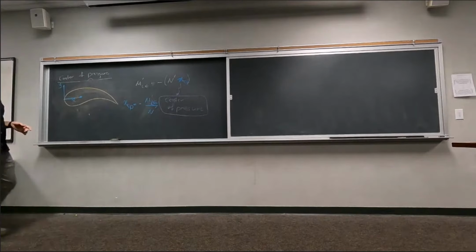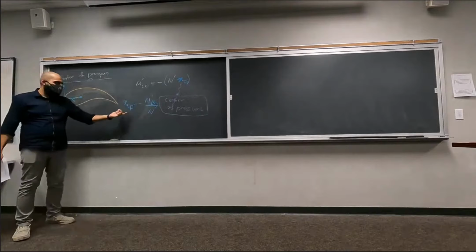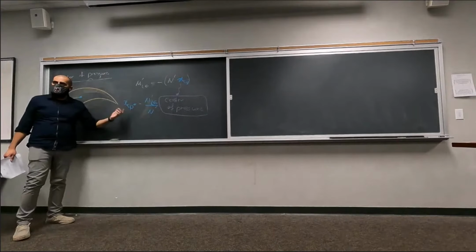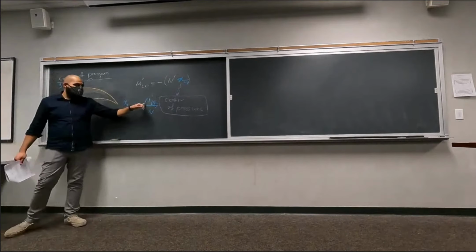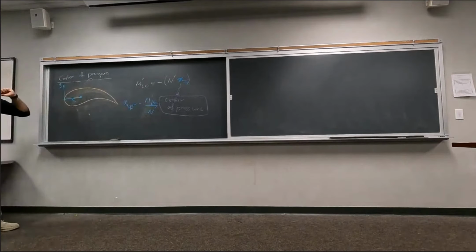It is very important to do the moment at the leading edge because we are defining this distance as the distance from the leading edge, right? If it was defined as the distance from the trailing edge, we should have used the moment at the trailing edge. Does this make sense?